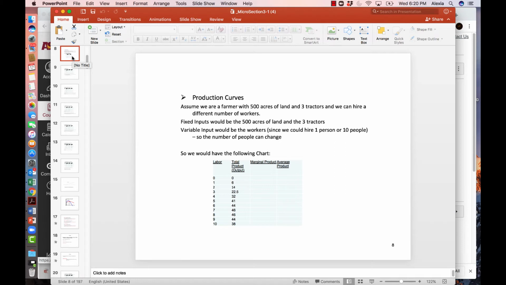So I'm just going to start off. We're going to assume that we're a farmer, so we have 500 acres of land, and we're saying we have 3 tractors. The tractors are what you use for farming. So you're told 500 acres of land and 3 tractors. Right away, those are your fixed inputs because they're a given.